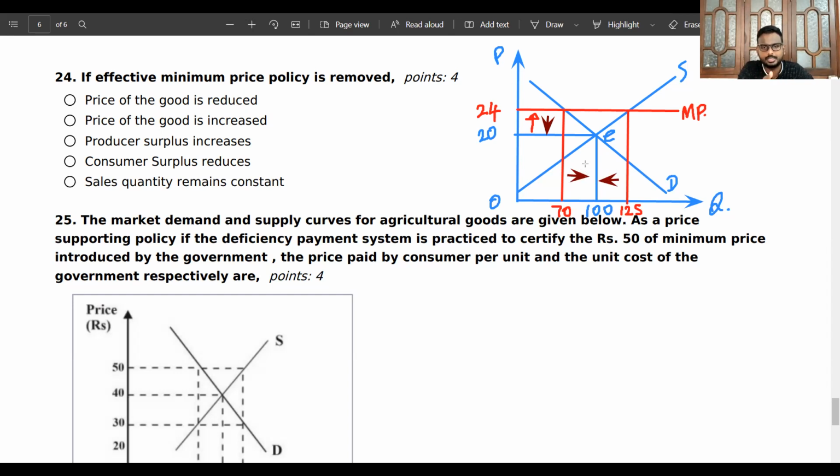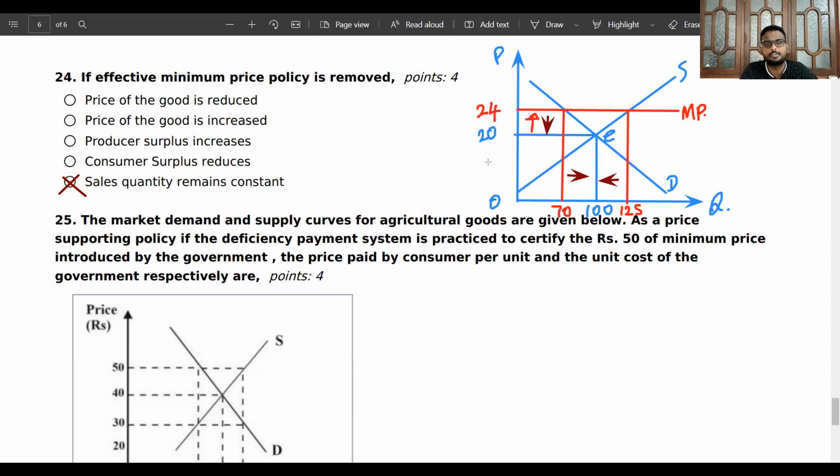Earlier, at the price of 24, even though producers were selling 125, only 70 units might have been bought. So sales would have been only 70 units. So sales quantity will not remain constant, it will actually increase, because more people will demand now, because the demand is 100 now, right? Consumer surplus will increase, because earlier consumers were paying 24, now they are only paying 20, right? Consumer surplus will increase.